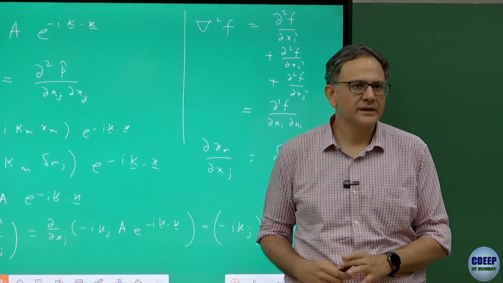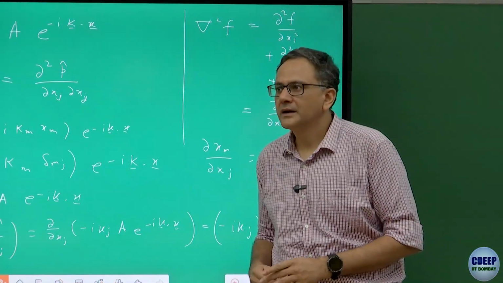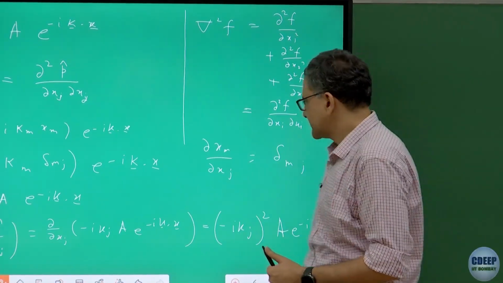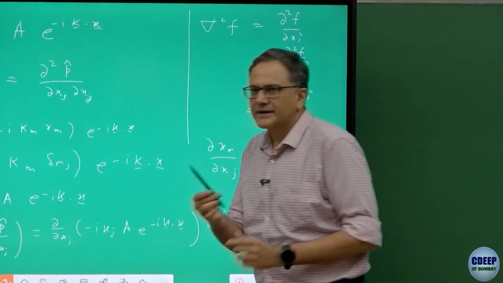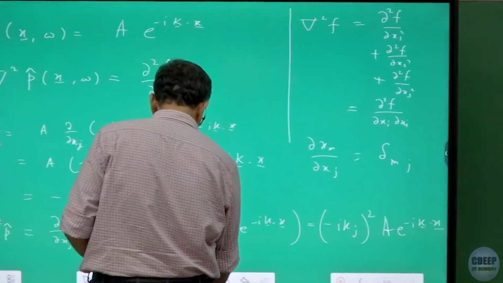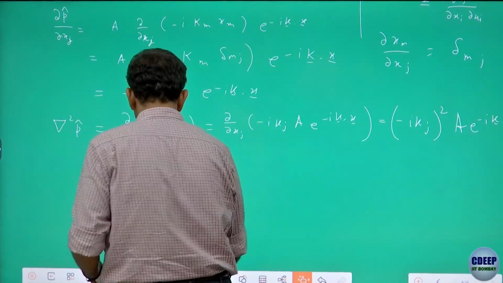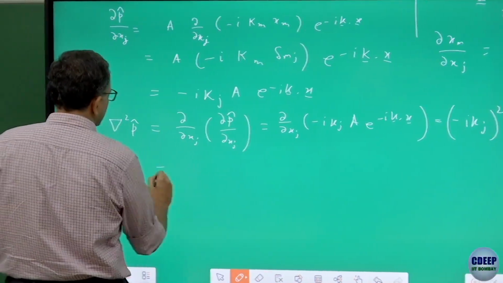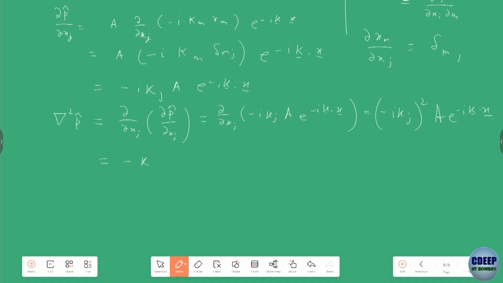It is the magnitude of kappa, since kappa is just a vector. So magnitude of kappa square, right? You can think of it again as a dot product. So I've got minus, because minus j square is minus 1, kappa j square, and then this is just p hat.